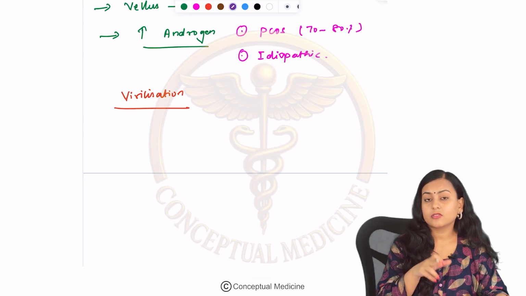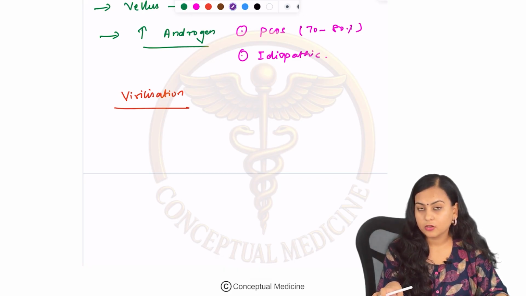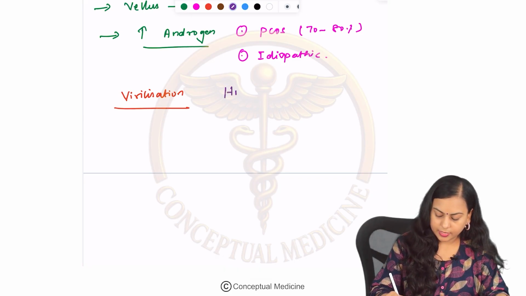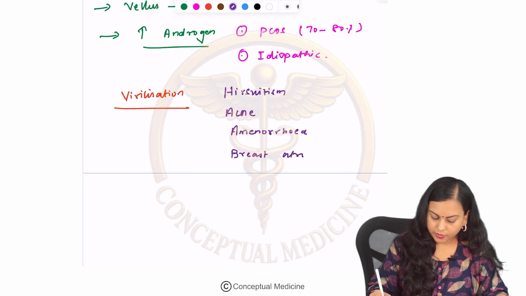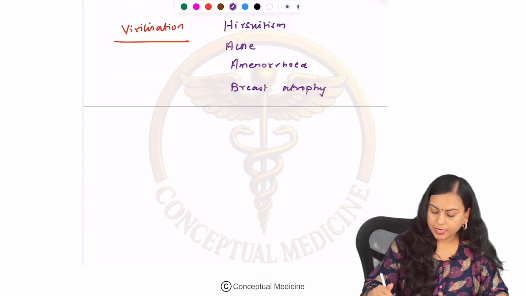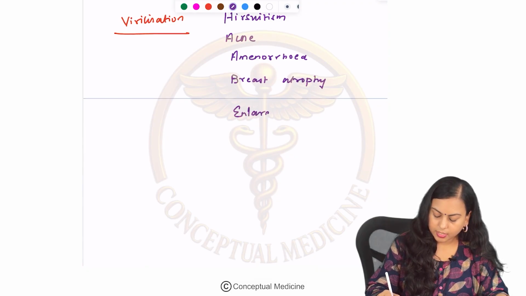And in that, hirsutism is going to be a component, right? Yes. In virilization, hirsutism is a component. Also, they will have acne, amenorrhea, breast atrophy, and an enlarged clitoris.